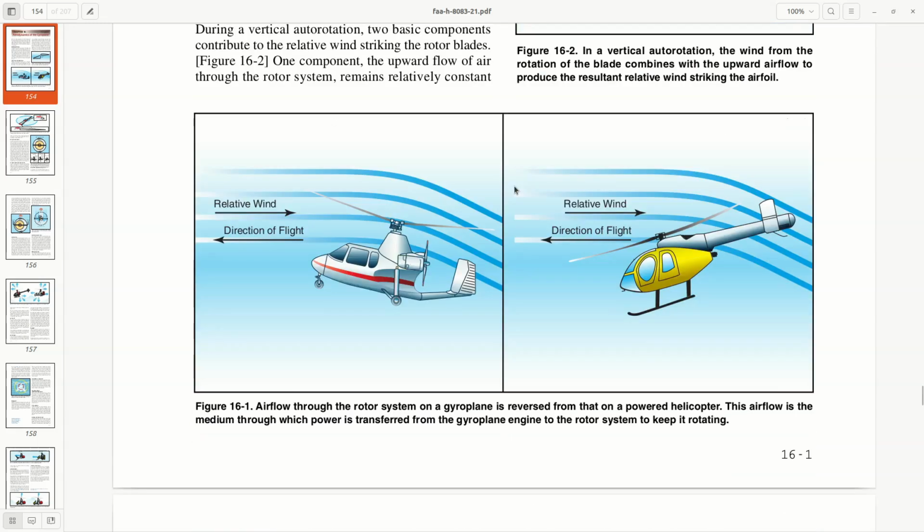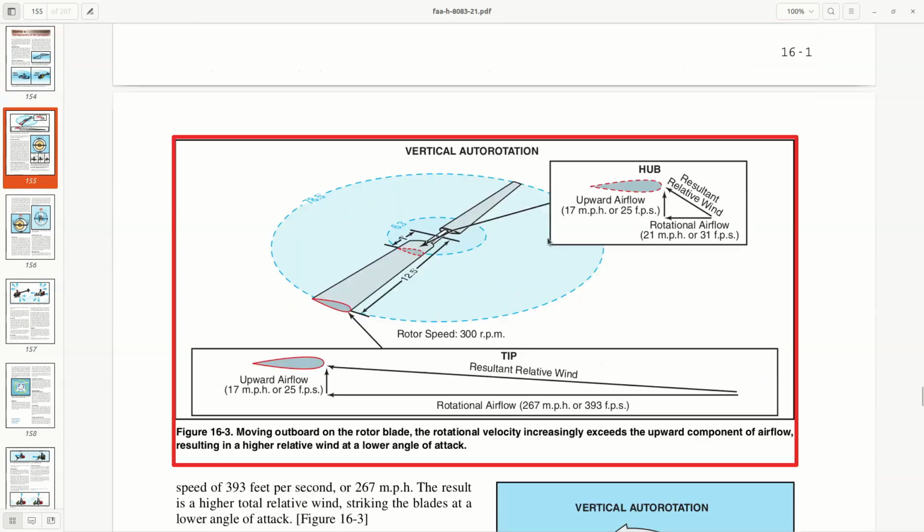Now, if we look at what's going on with our rotor system, we can look at different points. Let's say we're out at the tip, and we have a 12.5 foot rotor, going at 300 rotations per minute. Our speed is going to be 267 miles per hour, or about 400 feet per second. That's our rotational speed.